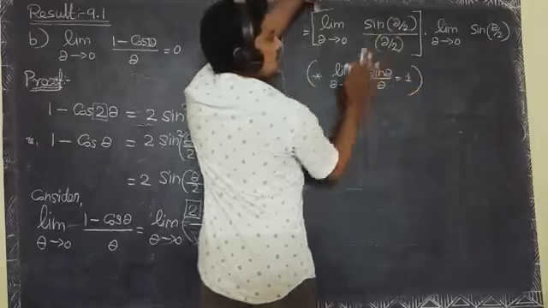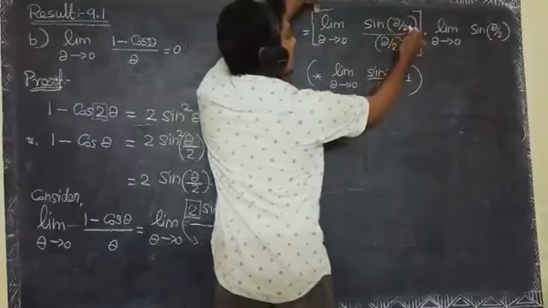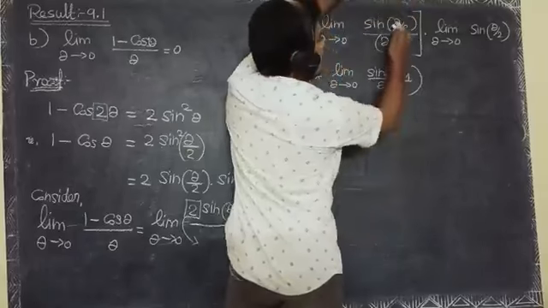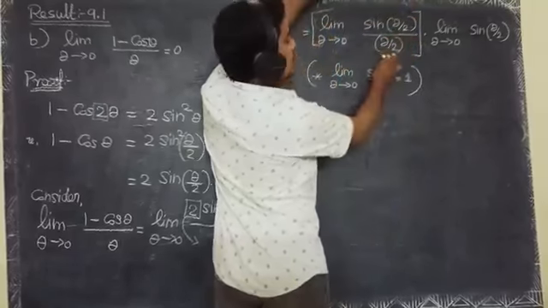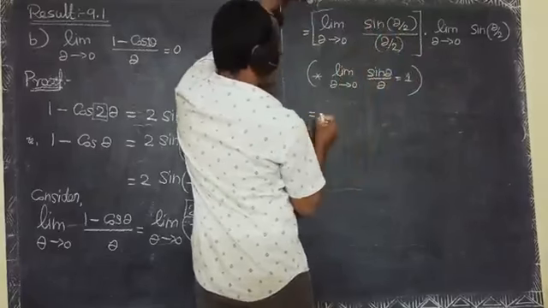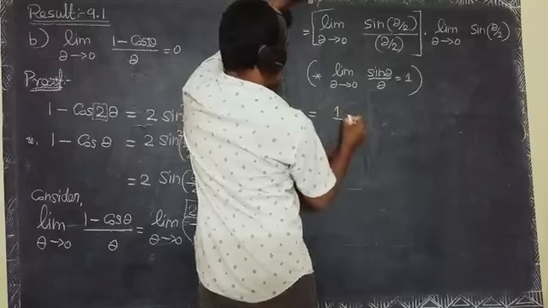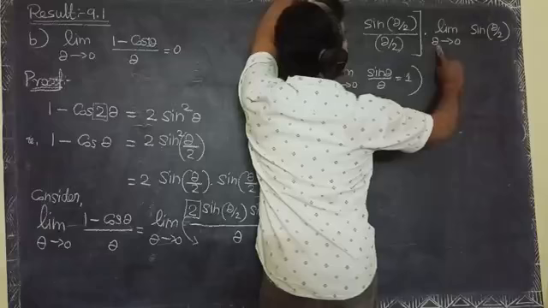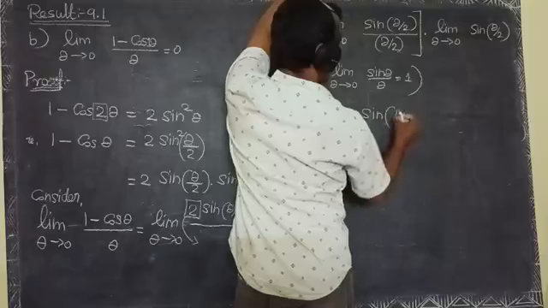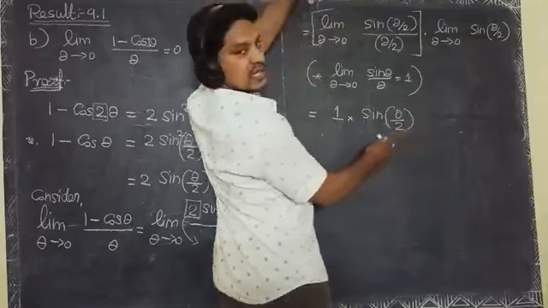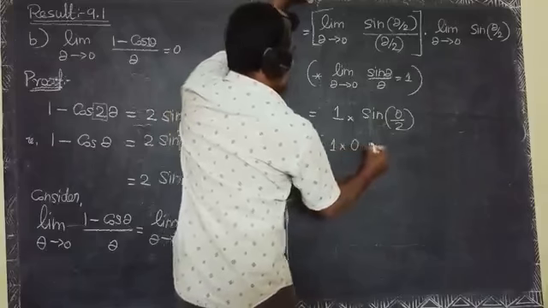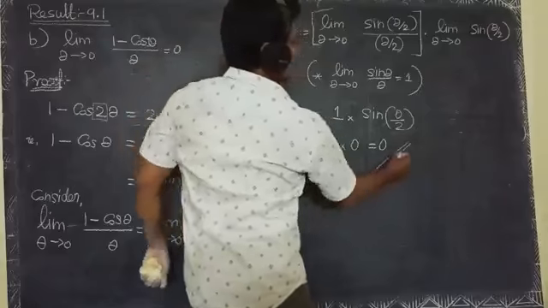Similarly, for theta by 2 over theta by 2, the result is 1. Then 1 into replacing theta with 0 in sin theta divided by 2 gives sin 0 divided by 2. 0 divided by 2 is 0, sin 0 is 0, so 1 into 0 equals 0. Hence proved.